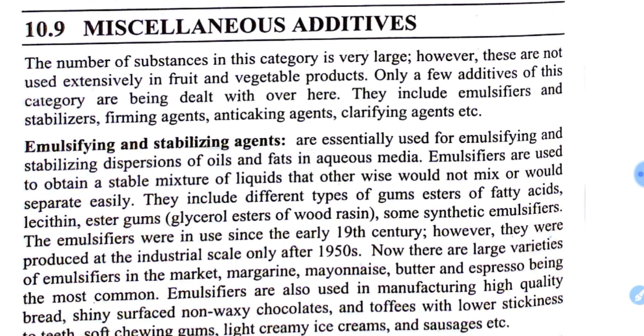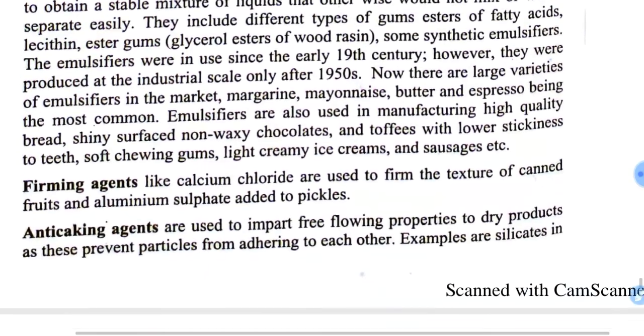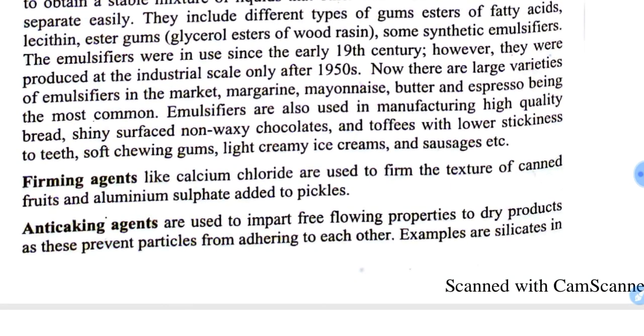Okay, then firming agents like calcium chloride, which are used in canned fruits, and aluminum sulfate, which is added to pickles.